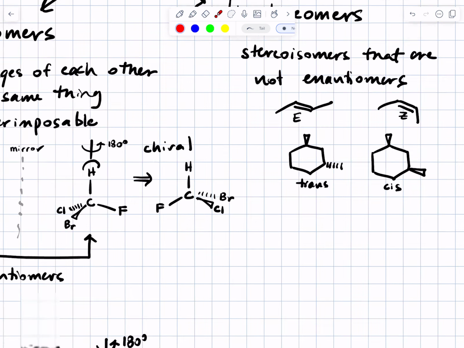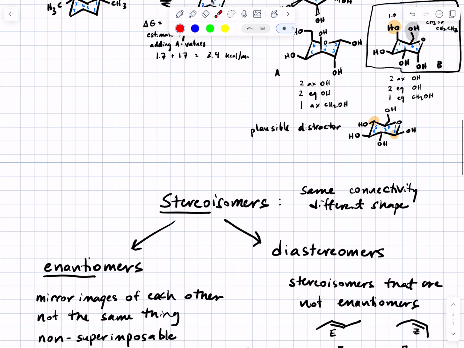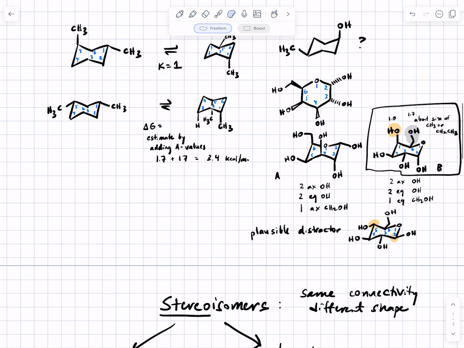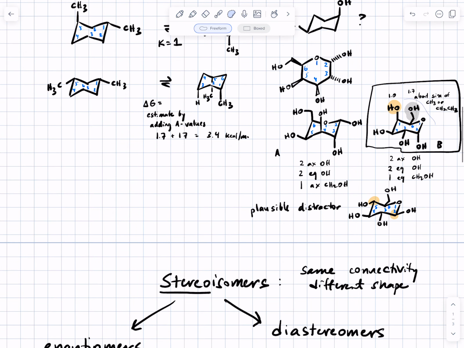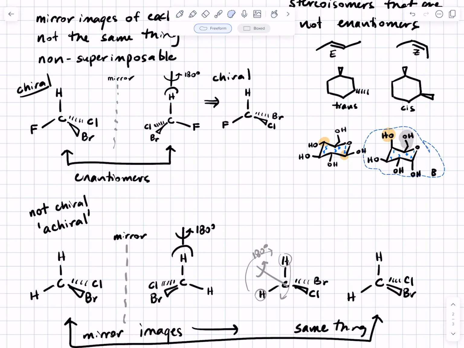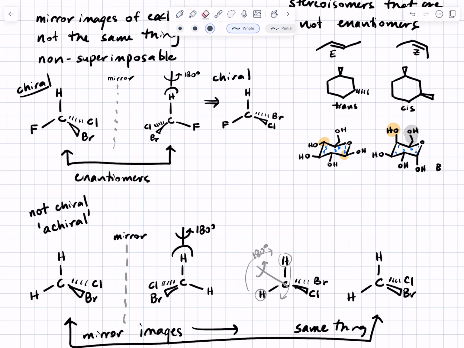Lastly, the place you've seen diastereomers before is when we talked about beta-D-glucopyranose and alpha-D-galactopyranose, and you noticed that there was a difference in which groups were up versus down. And we can still highlight the ones that are different, that's fine.